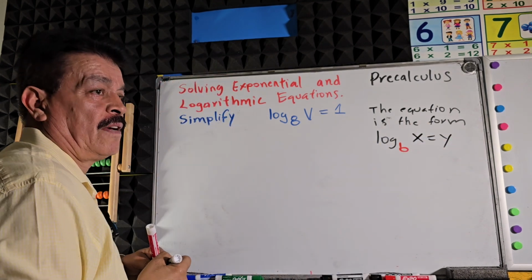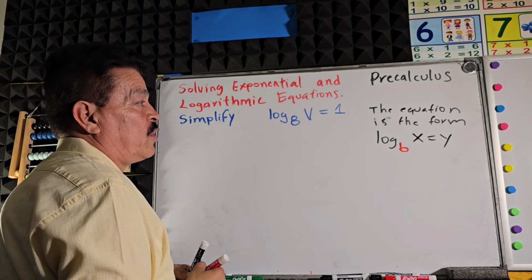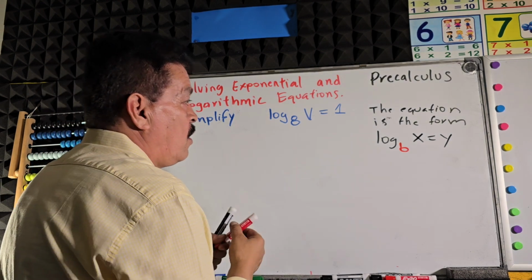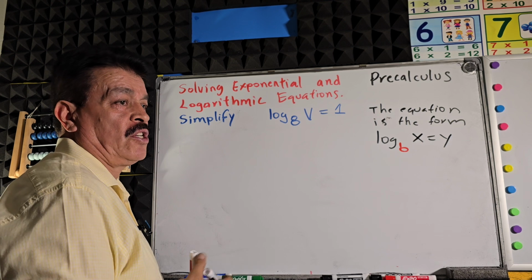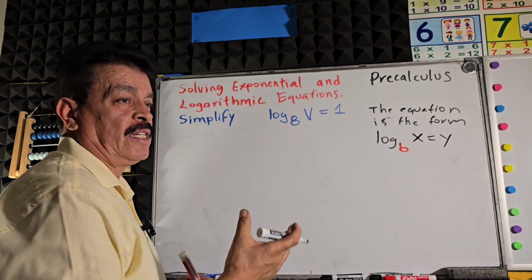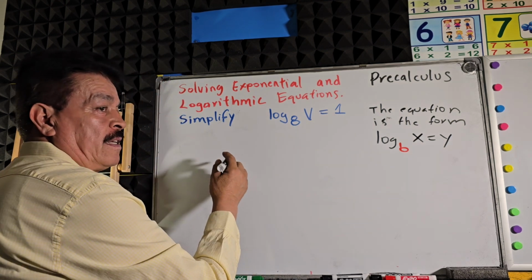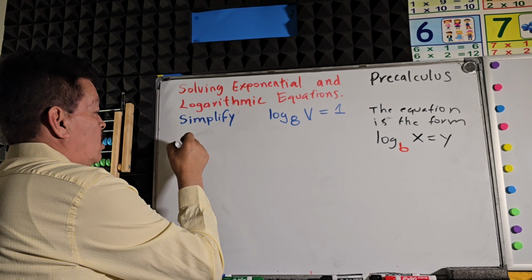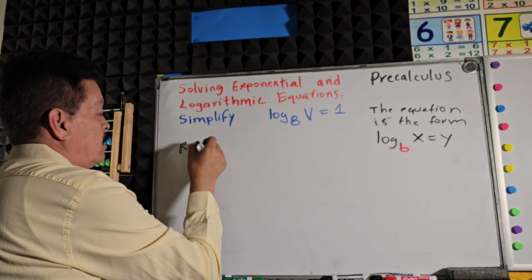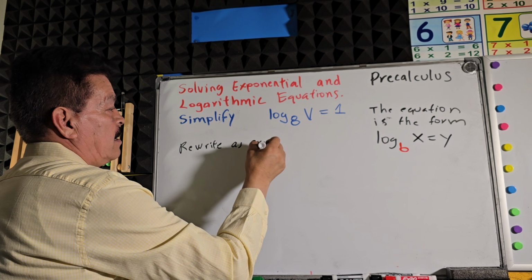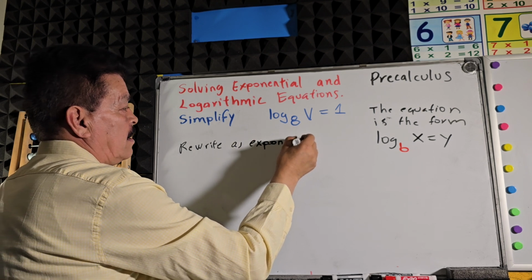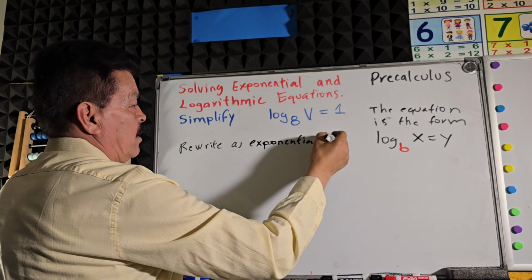It's our equation, so we have to rewrite the equation as an exponential equation.